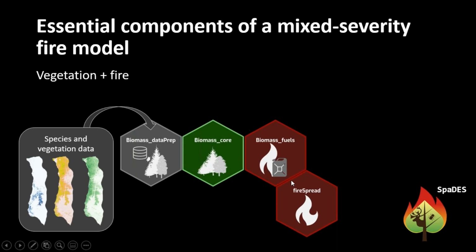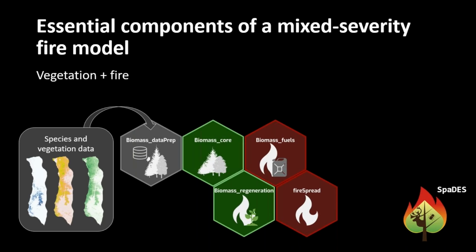So there's a module called biomass fuels that basically connects the vegetation to the fire spread model by calculating the type of fuel available. And then, of course, the fire spread module feeds back into the vegetation one, because the vegetation one needs to know, okay, well, I had a fire in this particular location, what happened? So there's a module that basically calculates how much of the vegetation will burn or die, and then what is able to recover after the fire.